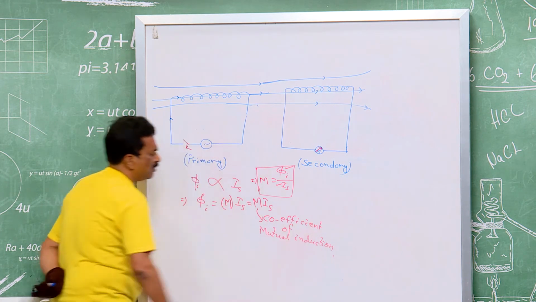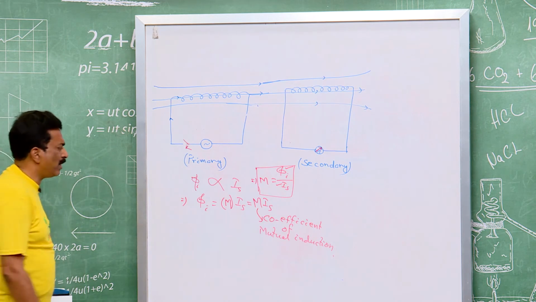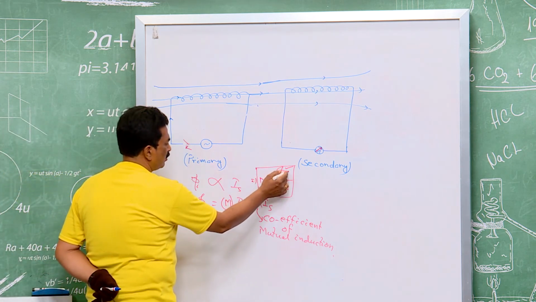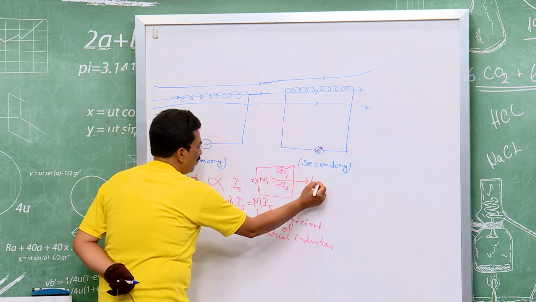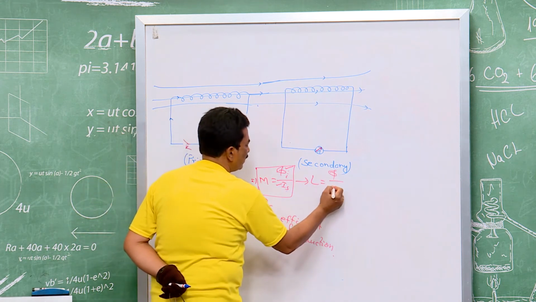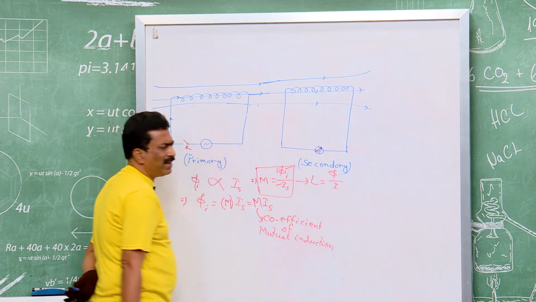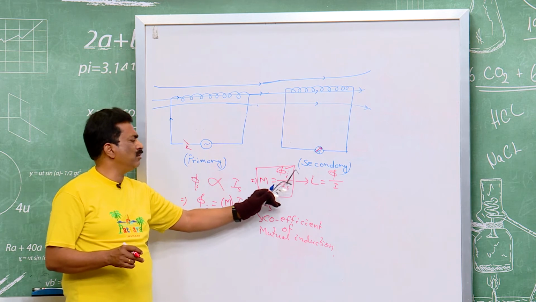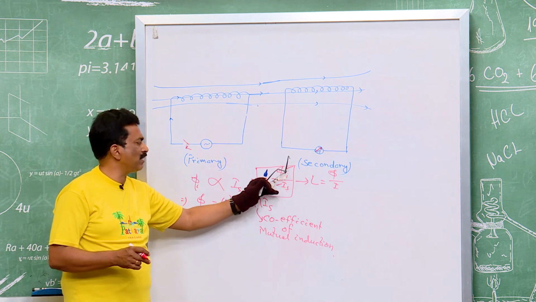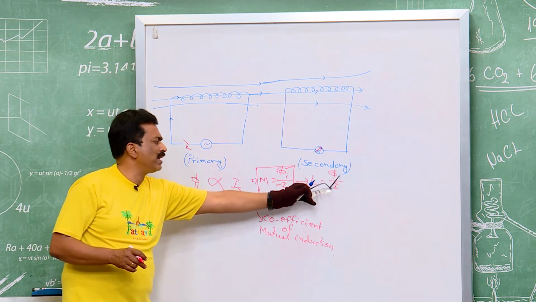Here it is called the coefficient of mutual induction, meaning M is equal to phi I by Is. But for self induction, we have taken L is equal to phi by I. For the self, you just look, both look similar. Here phi by I, here also phi by I.